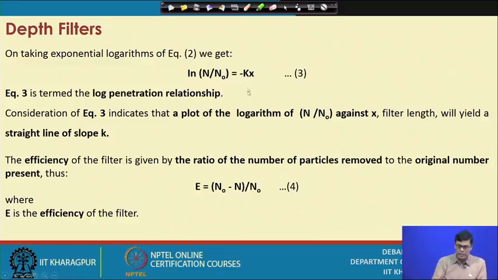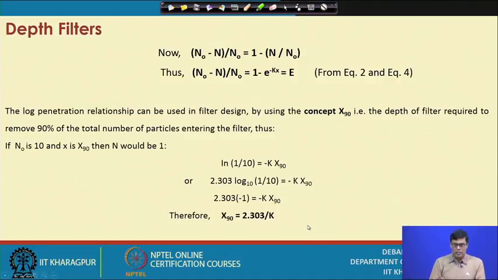So, we can rewrite this in this form, and then the efficiency we can calculate as E equal to N0 by N, as I have shown you before. Now, this again we can write in this form, and finally, the interesting thing is that the log penetration relationship can be used for filter design by using the concept of x90.